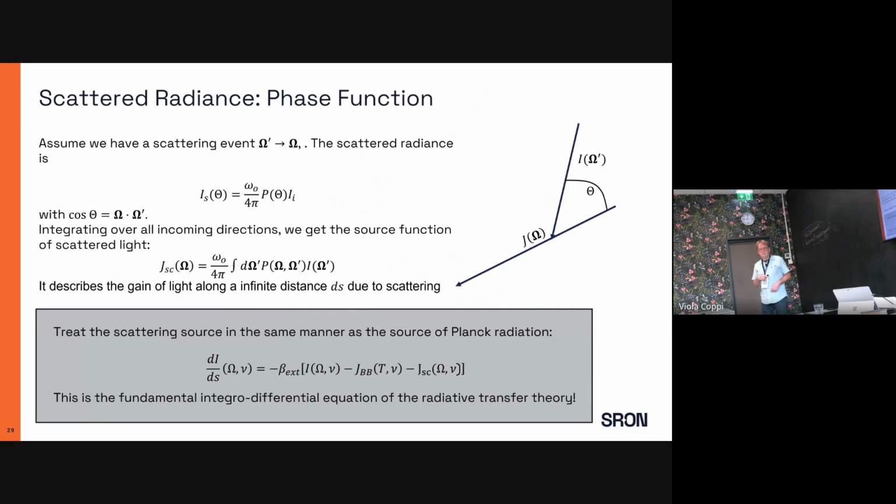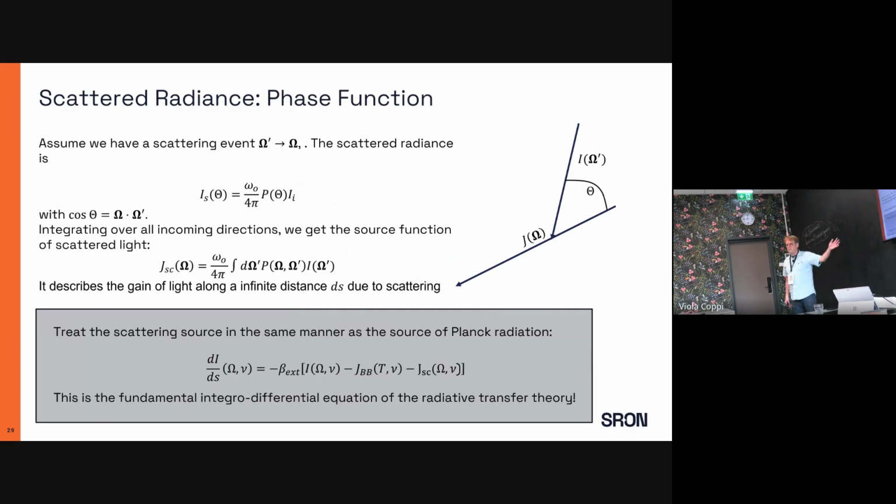We multiply it with the probability that the scattering will happen, and that gives us the light in a particular direction. That is called the source term, and that's an extra term we now add to the radiative transfer equation. And we are there, we have our radiative transfer equation, right? The change of the intensity along a small distance: the attenuation term, the contribution because of Planck radiation, and the contribution of scattering.